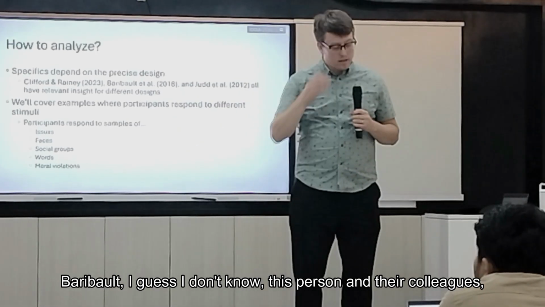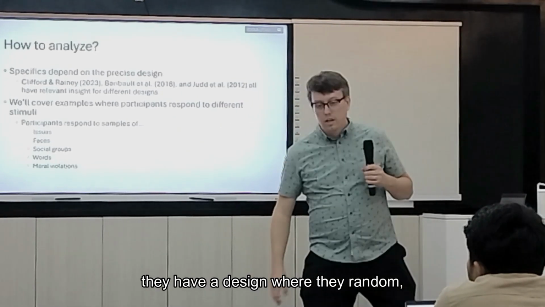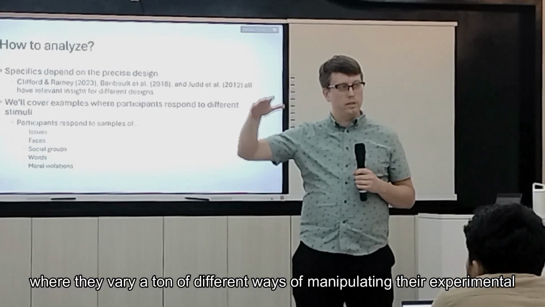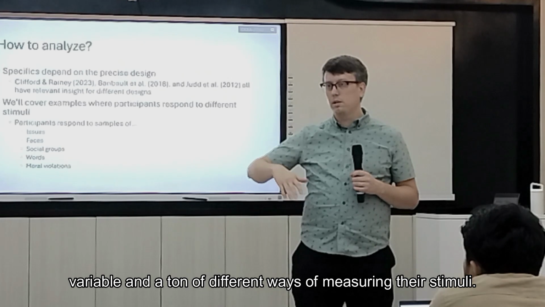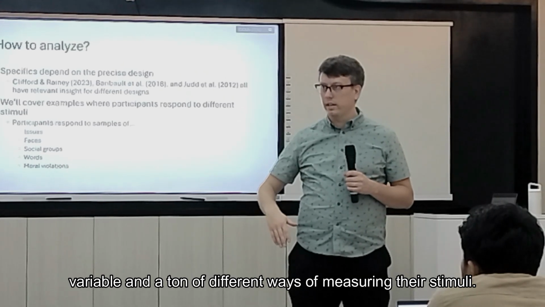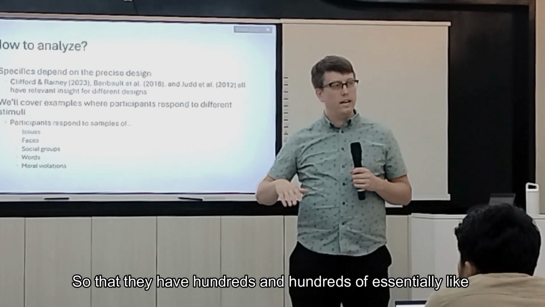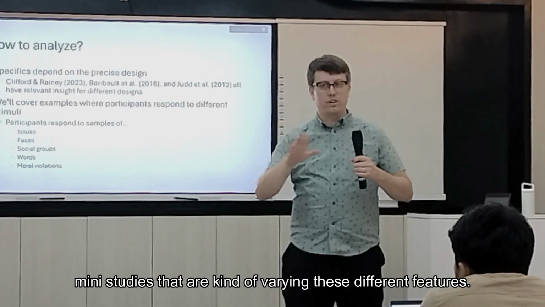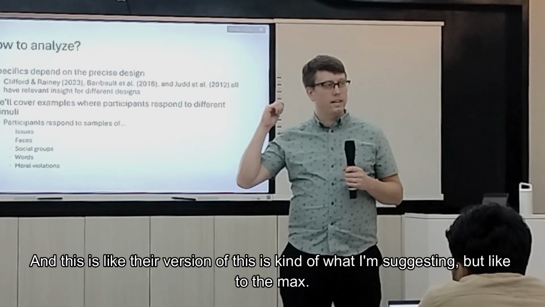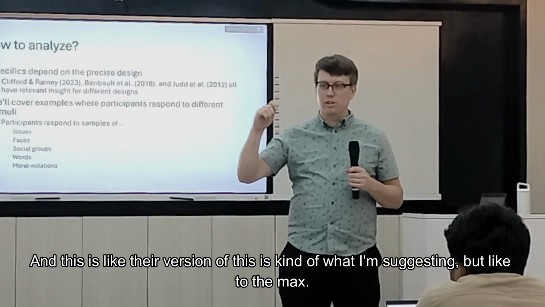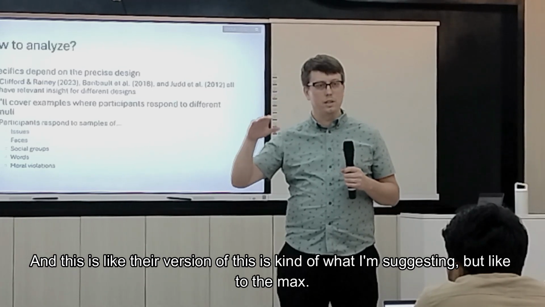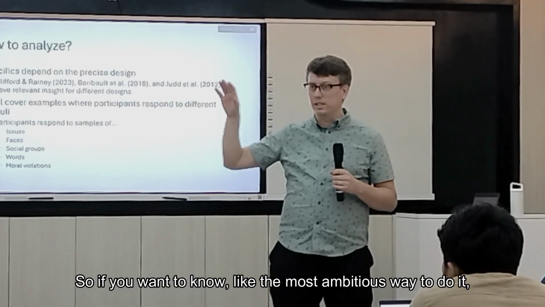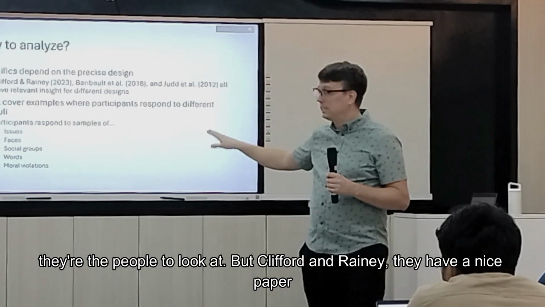This person and their colleagues have a design where they vary a ton of different ways of manipulating their experimental variable and a ton of different ways of measuring their stimuli, so that they have hundreds and hundreds of essentially mini studies that are varying these different features. This is their version of what I'm suggesting, but to the max. So if you want to know the most ambitious way to do it, they're the people to look at.